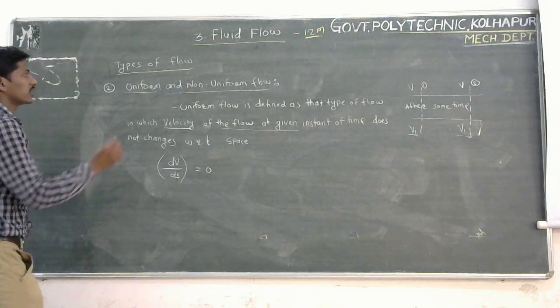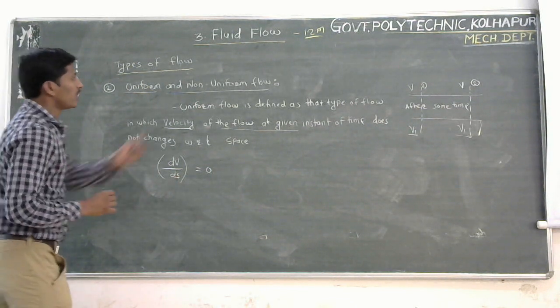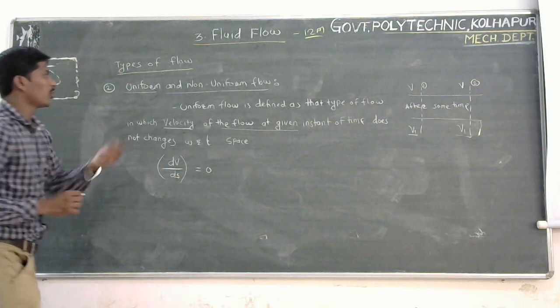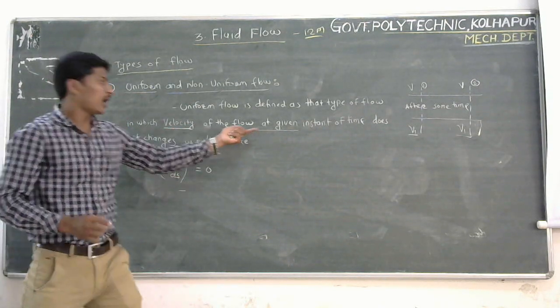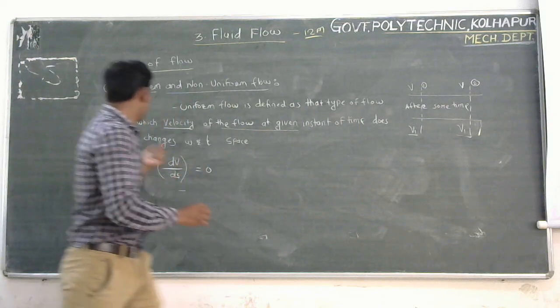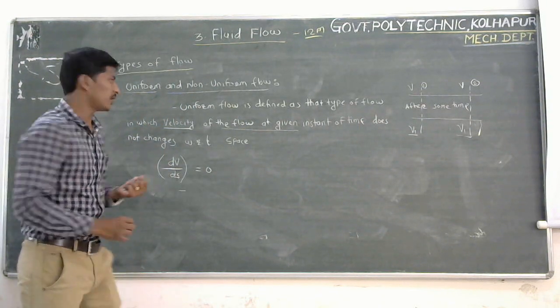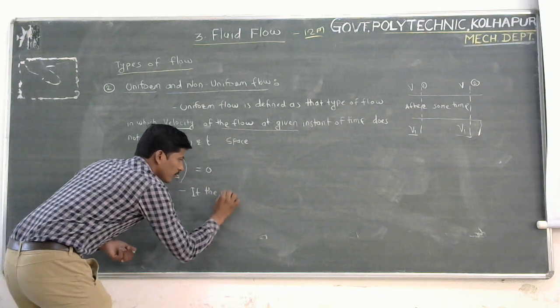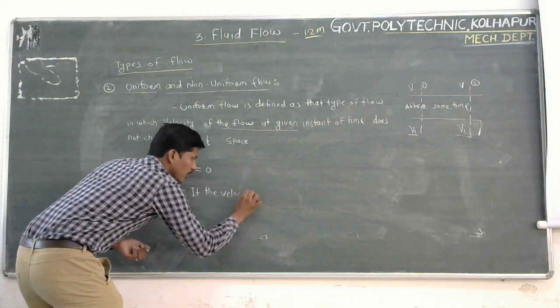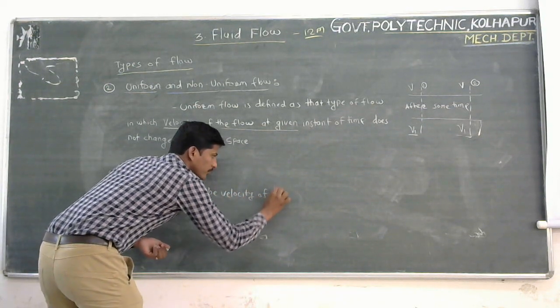I hope all of you understand what is meant by uniform flow. So next, the property is non-uniform flow. So what will non-uniform flow be?